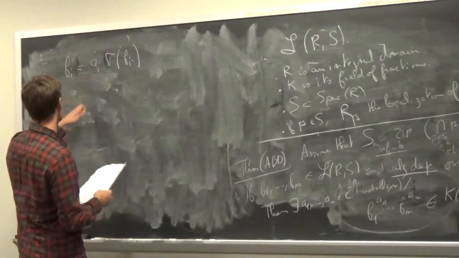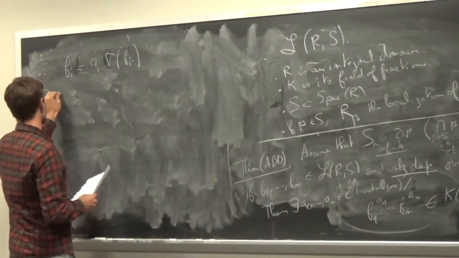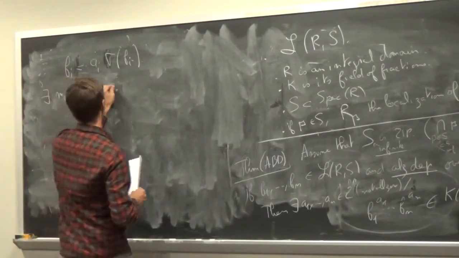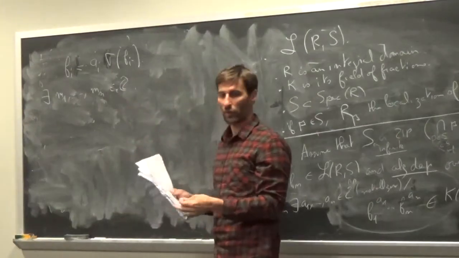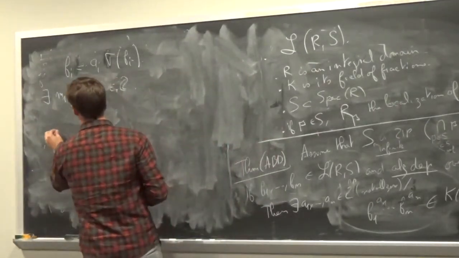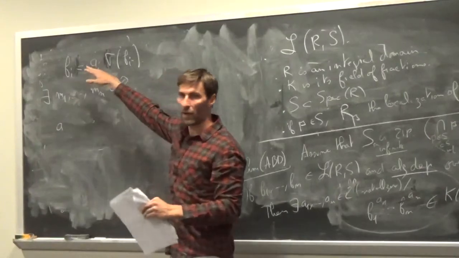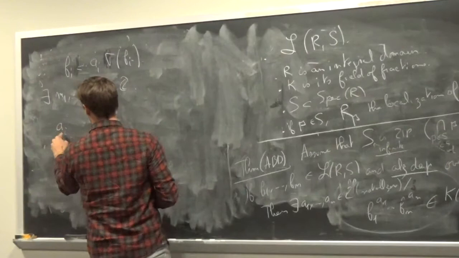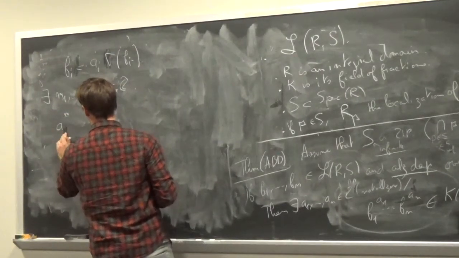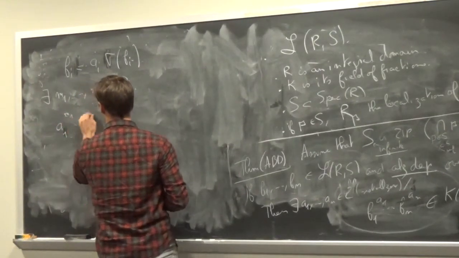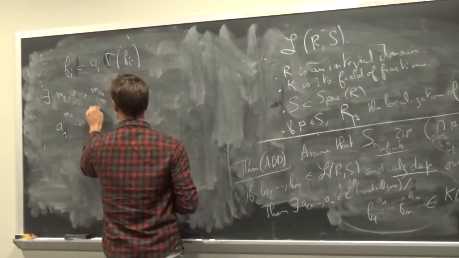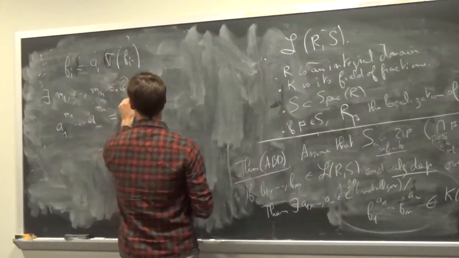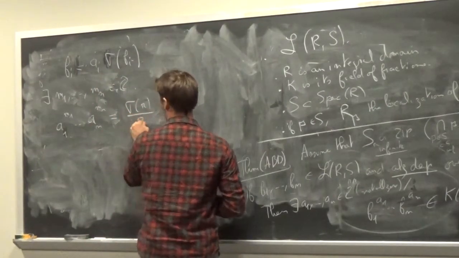If you have something like this, you will prove that there exist some m_1 to m_n in Z, not all 0, such that if the f_i are algebraically independent, then the a_i satisfy a_1 to the m_1 up to a_n to the m_n is equal to sigma of R over R.